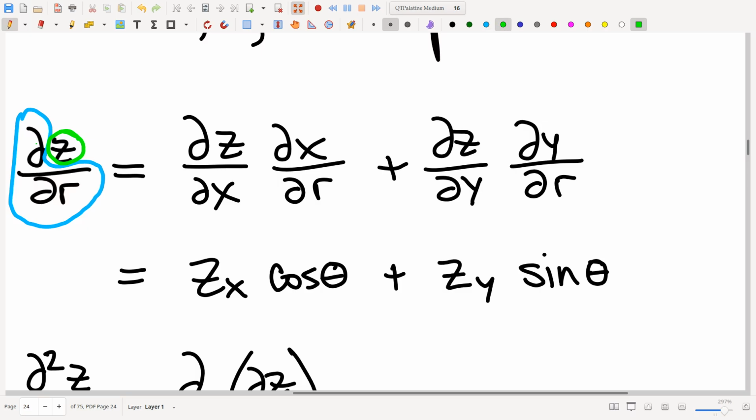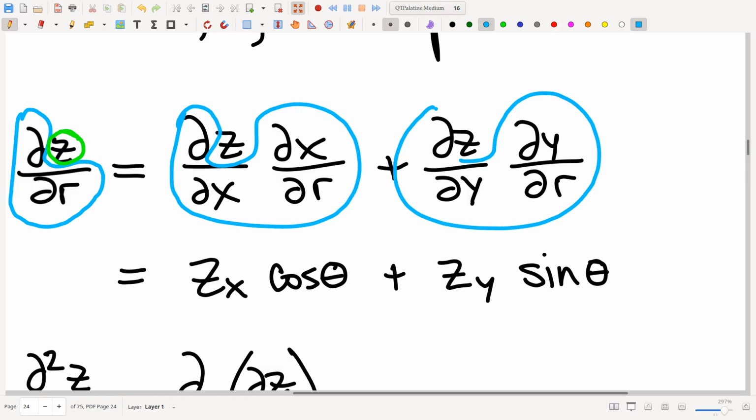This r partial by itself is an operator. It's something that does something to this variable z. And basically, I can do the same over here. I can view all of this together also as something we do to the variable z.